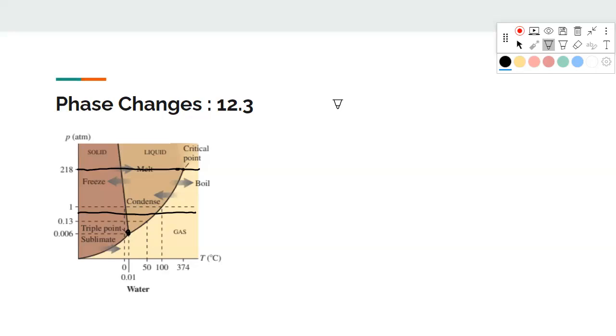And then it's worth mentioning this area, which is where you get sublimation and deposition. So sublimation is where you go straight from a solid to a gas, and deposition is where you go straight from a gas to a solid. Now, even at other pressures, this will happen very slowly.